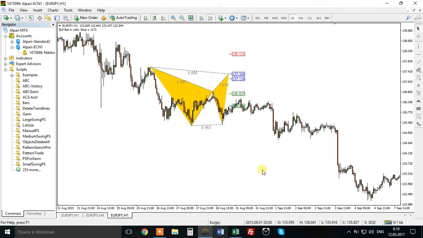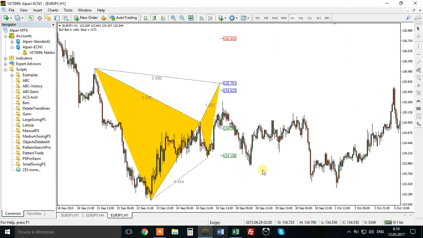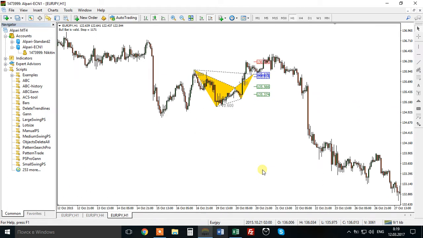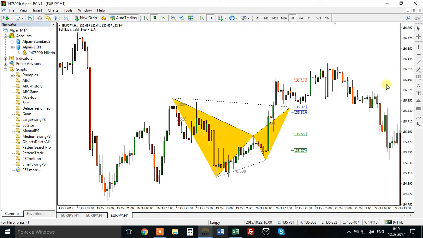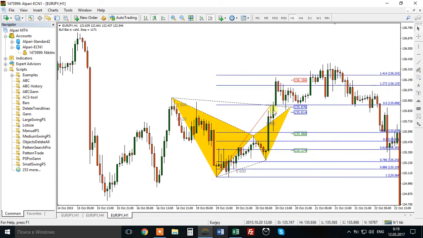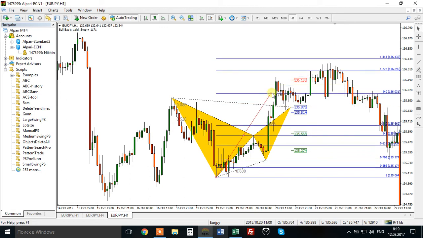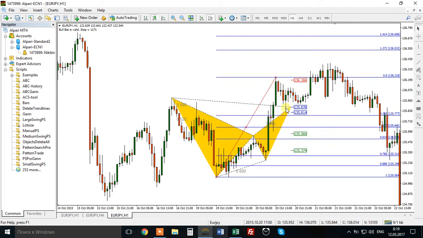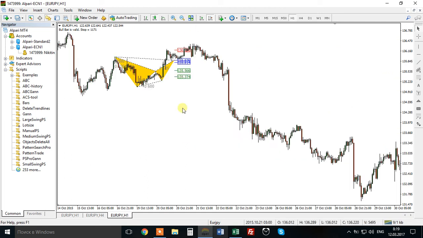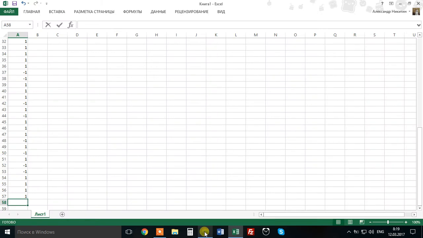Going next, invalidated. Let me zoom it in. We went to the upside, didn't hit the targets first, then we went here and we didn't hit the targets either, so it was a loser. -1.